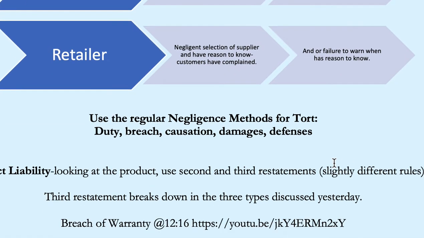When you have a negligence case in products liability, you're going to need to go through all the elements of a negligence case. They have a duty. They breached that duty. There was the actual cause, the proximate cause.